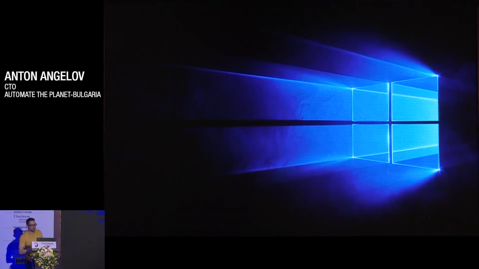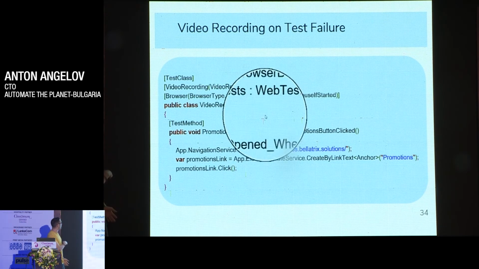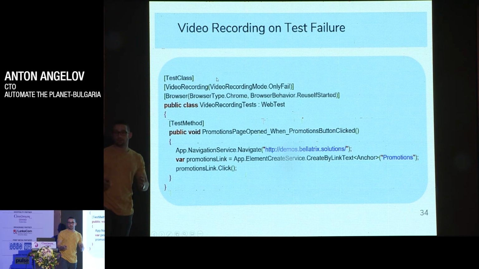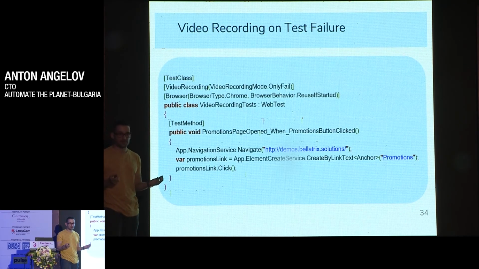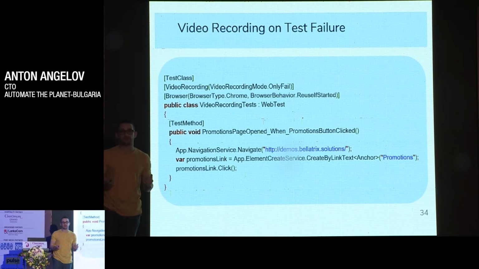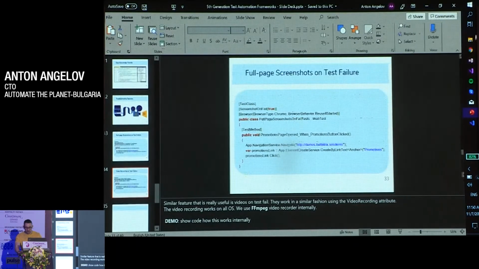Another thing that we do is use the same approach for making video recordings and save them only if the test failed. But how do you make video recordings on multiple platforms? You will find that it's really challenging. In my previous company, we made this work only for Windows, but we couldn't make it for Linux. And the way we do it, now I will show you the code again.